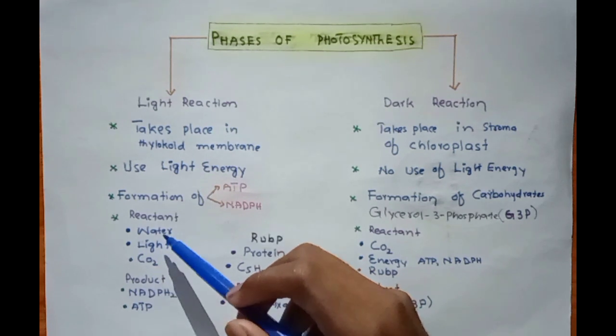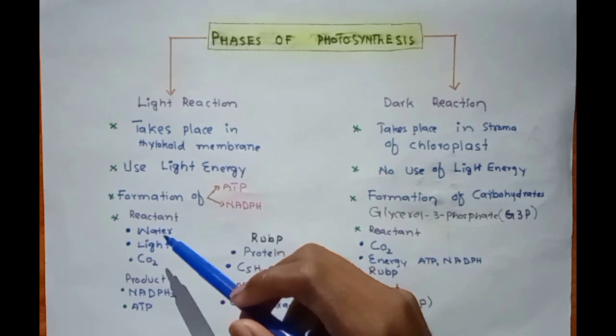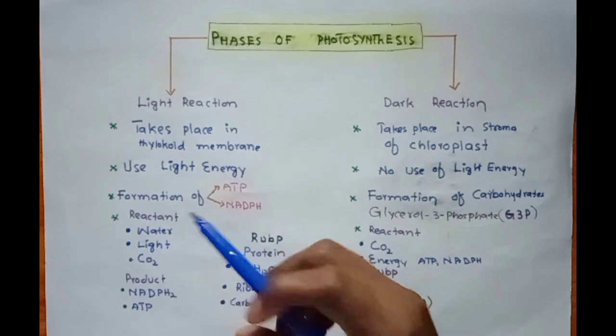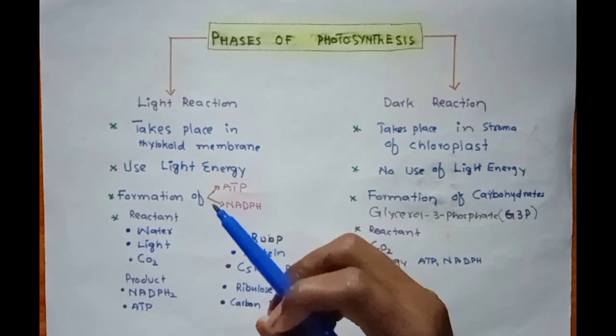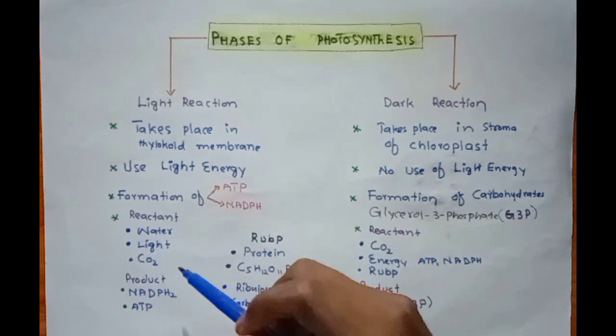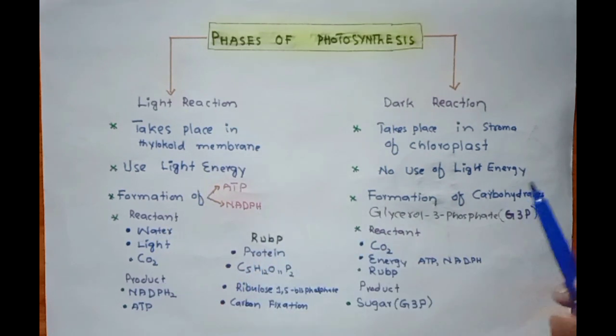In the light reaction, water is split into hydrogen ions and oxygen. The oxygen is released into the atmosphere, which we humans inhale. The light reaction captures light energy from the sun in the form of photons, and carbon dioxide is taken from the atmosphere. These are the reactants of the light reaction.